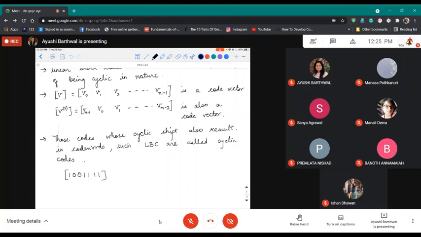Now if you have to check what will be the other code words, and if you shift this code word by 1 bit, a new code that will be generated would be 11001111. So this will also be a valid code word.